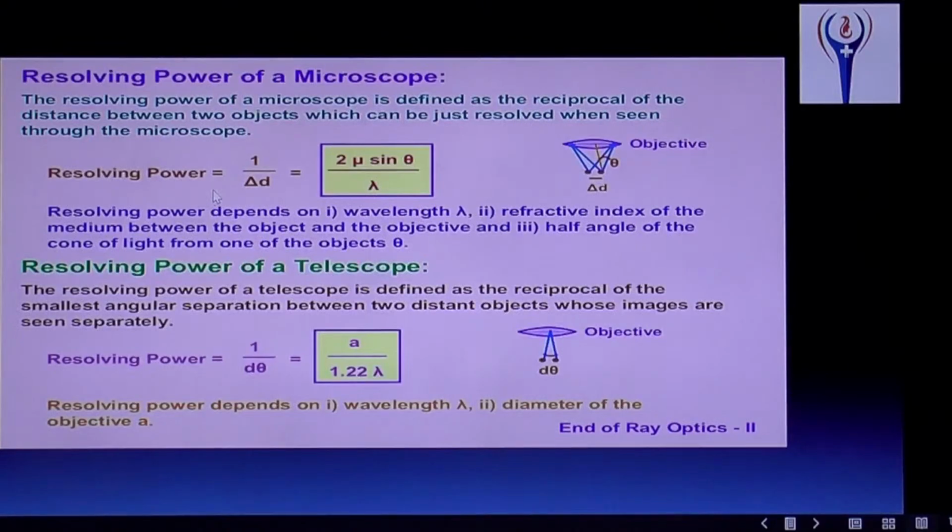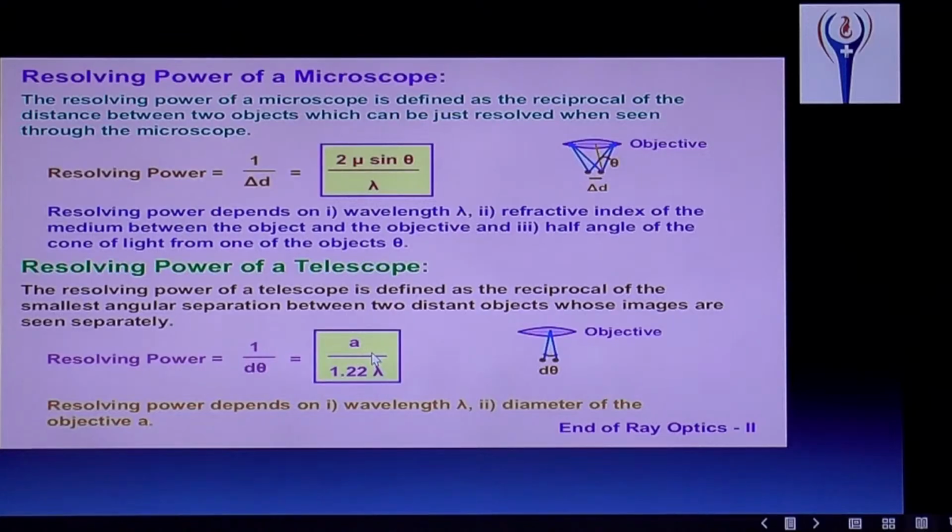Already we discussed that the resolving power of a microscope is 1 by delta D, that is 2 mu sin theta by lambda in terms of refractive index. Resolving power depends upon the wavelength of light used, the refractive index of the medium between the object and the objective, and the angle of the cone of light from one of the objects. And resolving power of a telescope, that is 1 by d theta equal to a by 1.22 lambda, where a is the diameter of the objective and lambda is the wavelength of the light used.